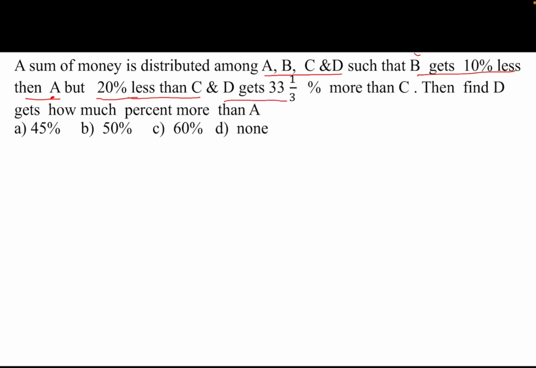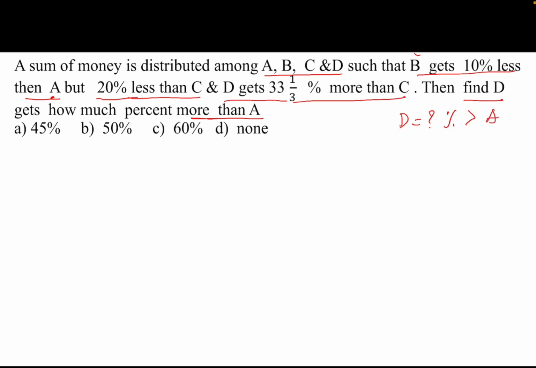And D gets 33 1/3% more than C. Then find D gets how much percent more than A, they are asking. That is the question.